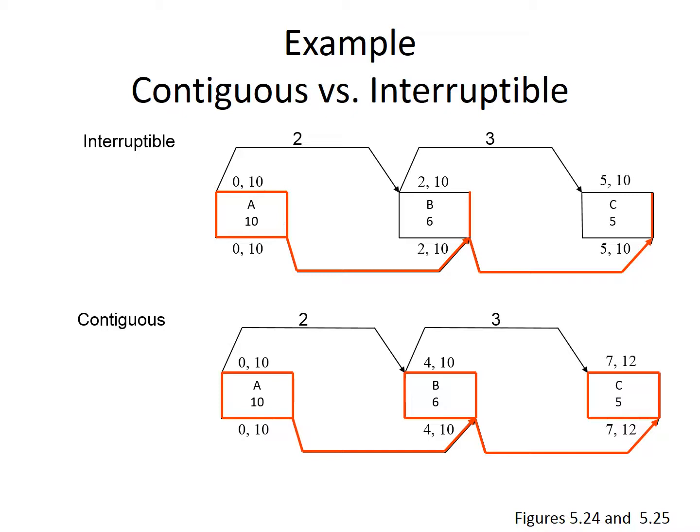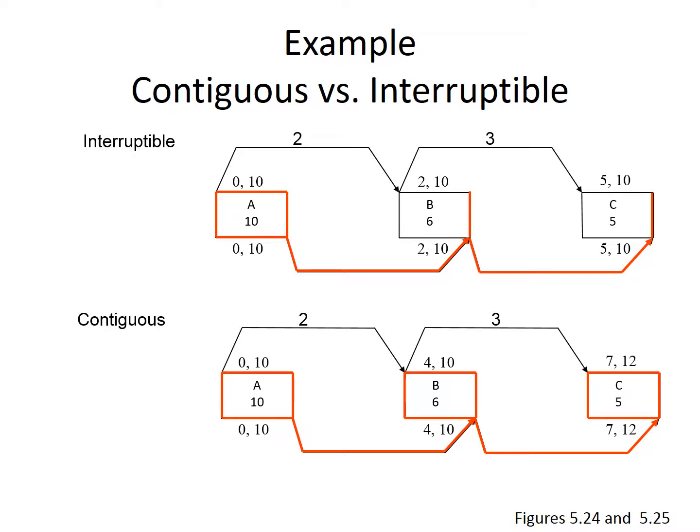The two scenarios here are identical, except that the one up top is interruptible and the one down below is contiguous. When I work through this example, pages 93 and 94, setting up two sets of dates, the reason that activity B's early start and late start get pushed forward, to day 4, is simply because the activity is contiguous.